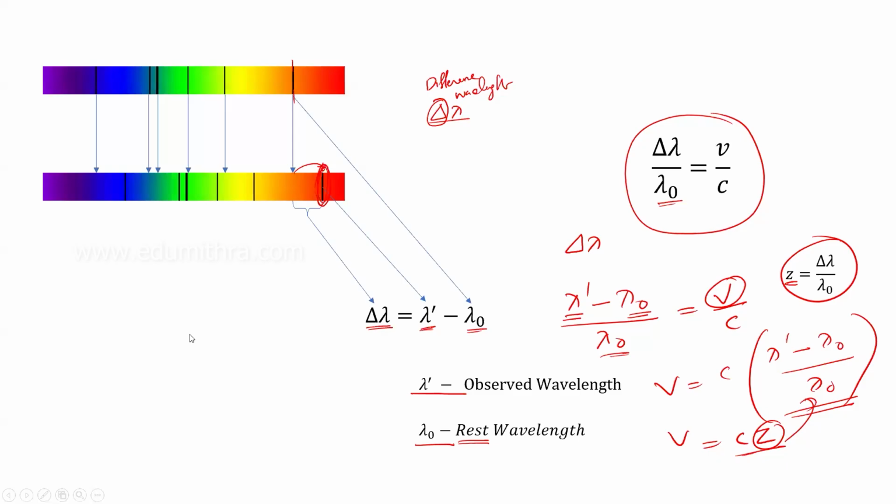You can see in the previous slide, Z is equal to v by c. So if you want to find the velocity, Z should be multiplied with c. Z is the redshift that you have calculated, the 0.013 that you got. We multiply it every time with 3 into 10 raised to 8, right? Yes. Okay.